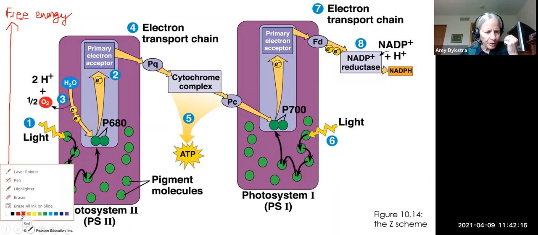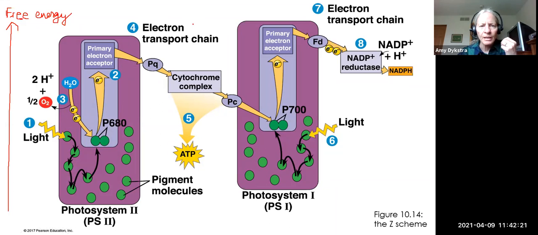So here we are back with our pointer. I will do this in red also so we can see it. Hydrogens that are actually outside of the thylakoid membranes get moved into the inside of the thylakoid membranes. So just like in the mitochondrion, the electron transport pumps hydrogens, and that creates a proton motive force, which I will show on the next slide.